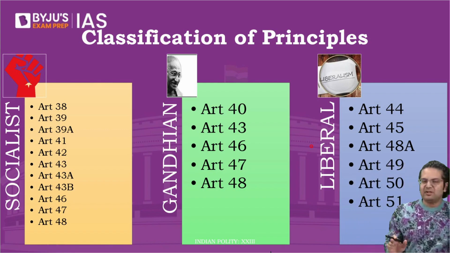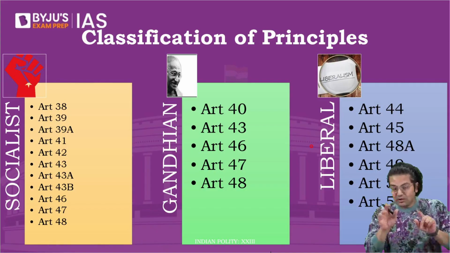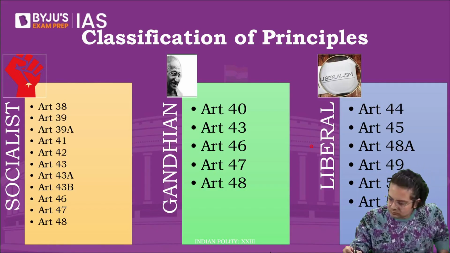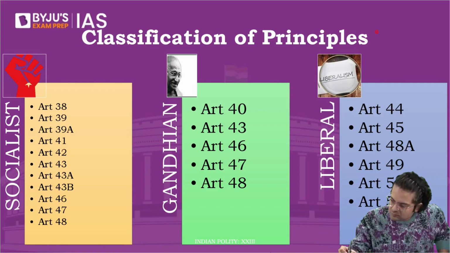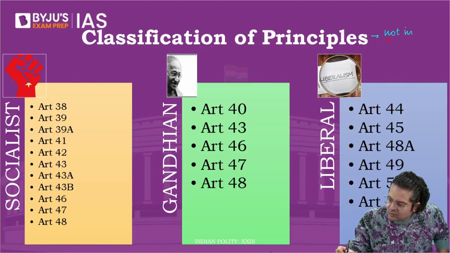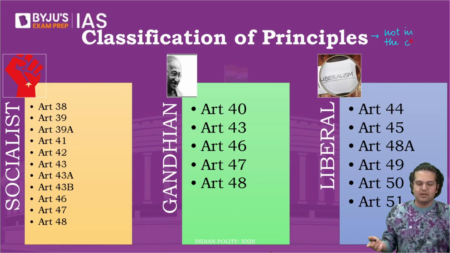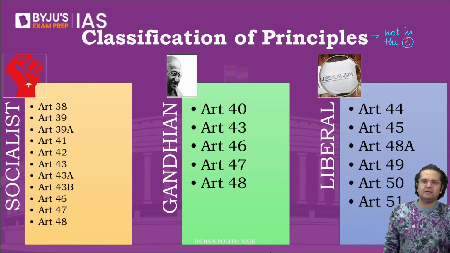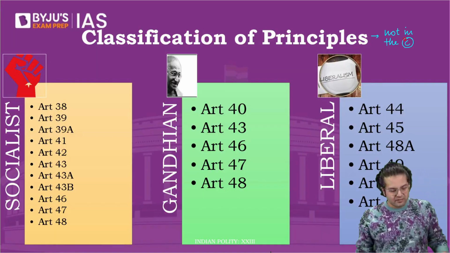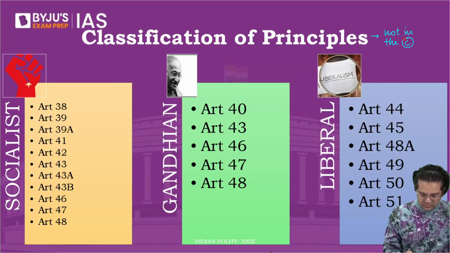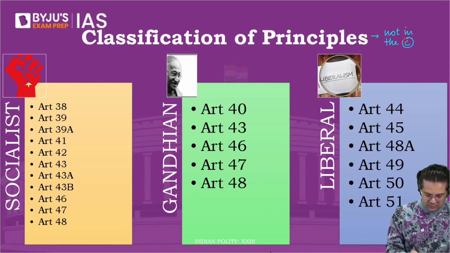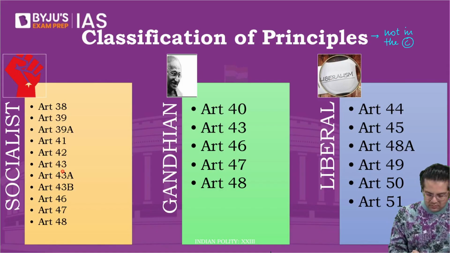Now, these principles have been classified, not in the Constitution. Please don't think that the Constitution is classifying them, but we have classified it for our easy understanding. Now, sometimes you may feel that, sir, you have written here 43. 43 is here also.